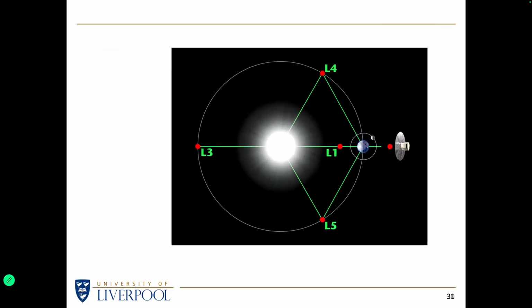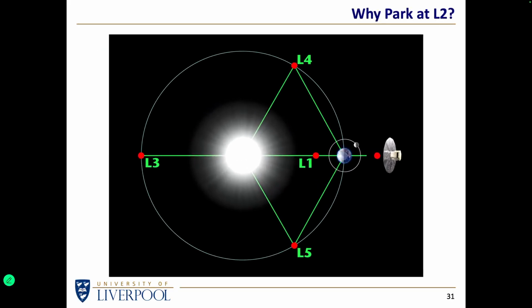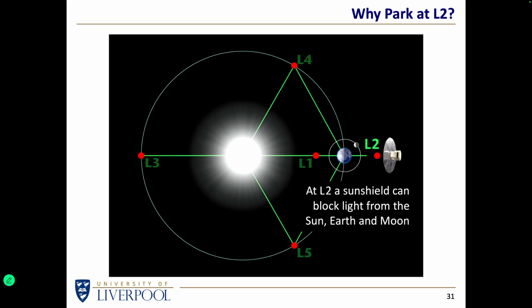If we remind ourselves about L2, that's one of the Lagrange points. There it is on the right-hand side. It's a point that is sitting 1,000,000 miles above midnight. If we think of the sun over here and the Earth, then of course on the right-hand side of the Earth, as we look at it here, that's the midnight point, because noon is on the left, midnight is on the right.